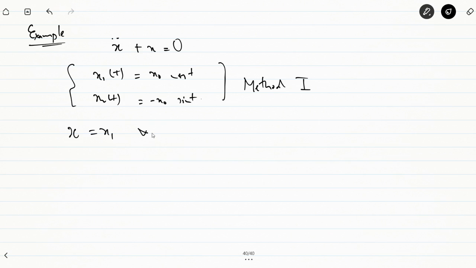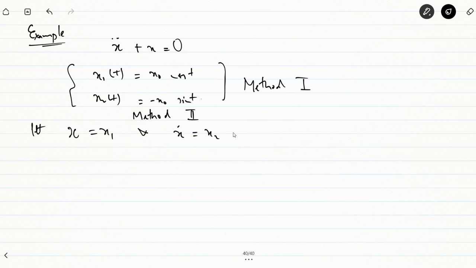For now, okay, let's use method number 2 to plot the phase portrait of this system. In method number 2, what we do is, basically we need to find dx2 divided by dx1, integrate it and find out this relationship between x1 and x2. So for that, let's say x is x1 and x dot is x2.